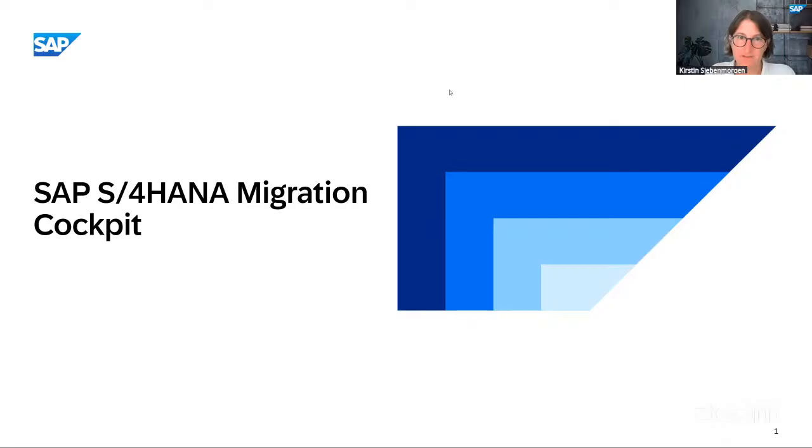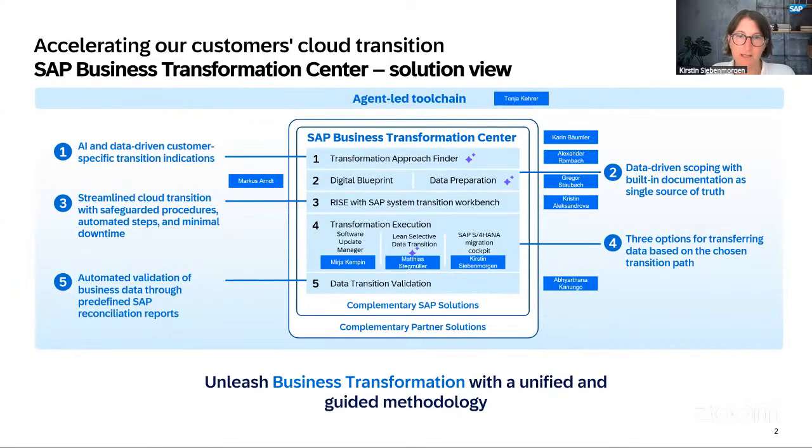Let's first start with a look at the SAP Business Transformation Center and all the several sessions which are available, which help you to transition to SAP S/4HANA, to the Cloud ERP. So there is a guidance available with the transformation approach finder, which helps you to find the right transition path.